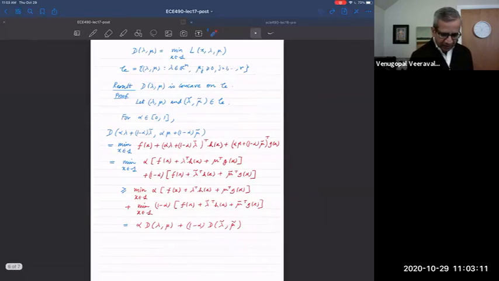And the duality result: first of all, we showed that this function is always concave, and so an optimization problem involving this function d is always going to be a convex optimization problem, right? Because the negative of d will be a convex function.